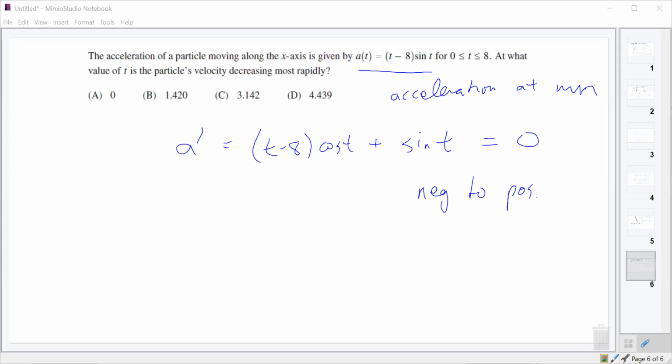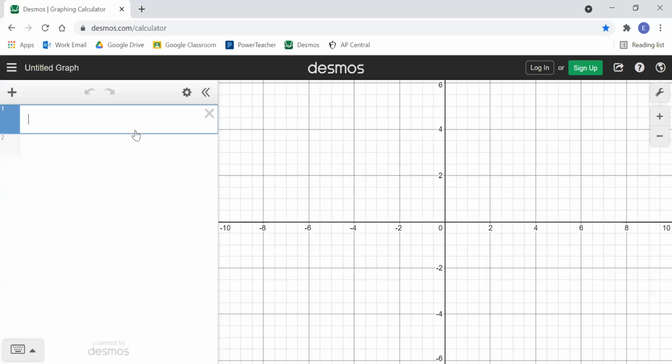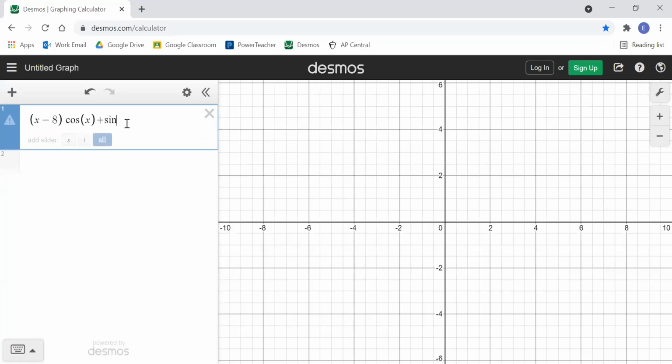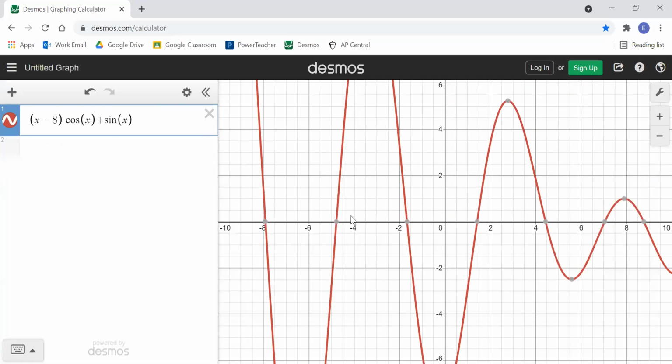So we would graph this function, x minus 8 cosine x plus sine x, and we're looking for when this is at a minimum. Well, it's at 1.42 and also at 7.045. And we'd also need to check our endpoints of 8 and of 0.